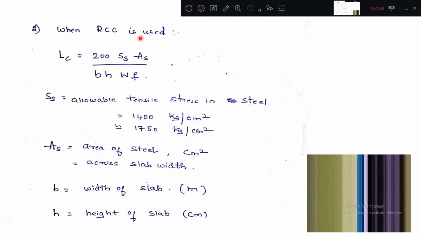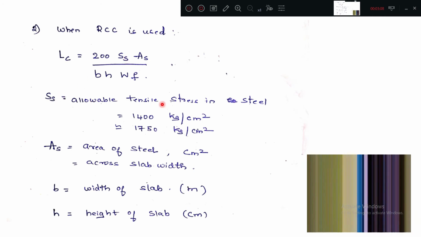Now when RCC is used, the formula changes. LC equals 200 SS AS divided by B H W F. Now what are these values? This is SS. There is no small c now, it is S, so it is the steel property.